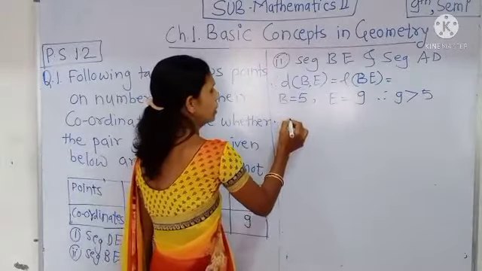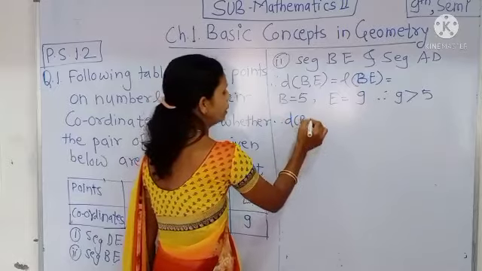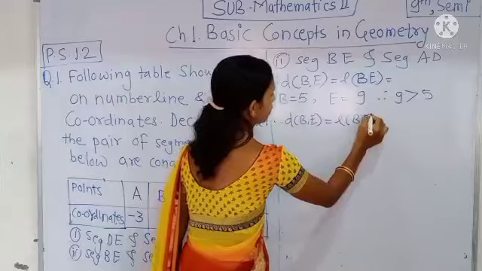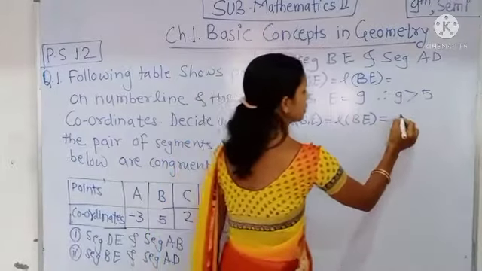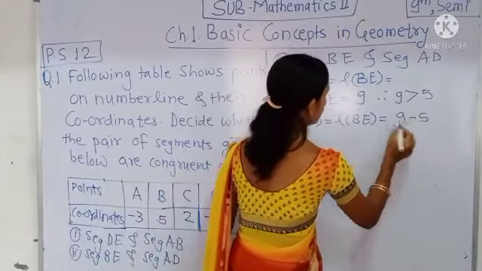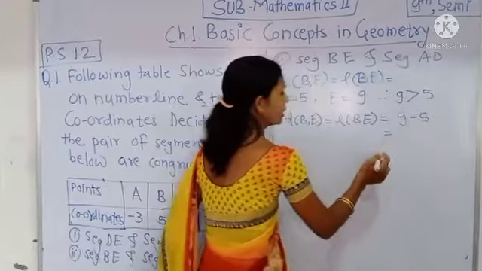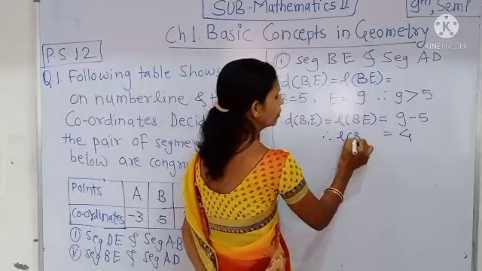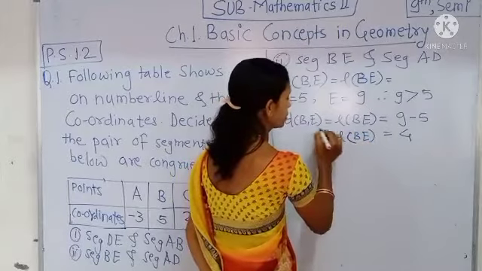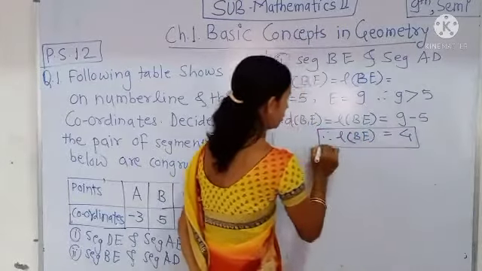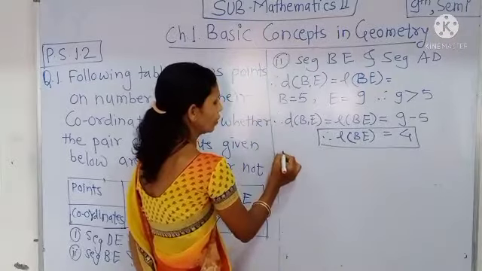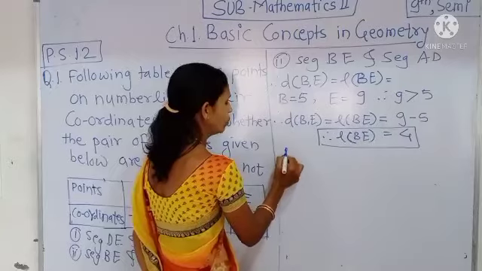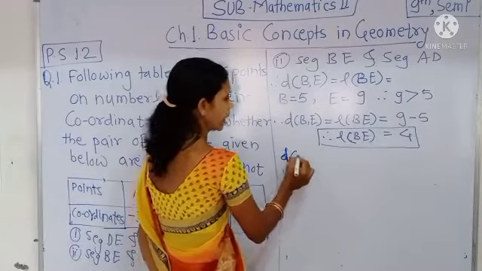Therefore, the distance between B and E, that is length of BE, is 9 minus 5, that is 4. Therefore, length of BE is 4.